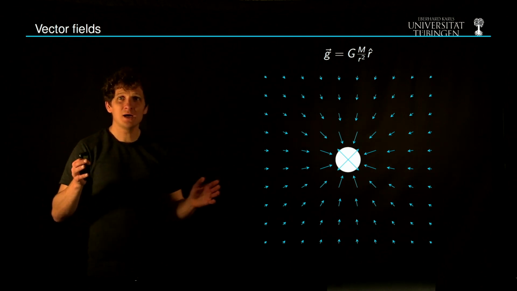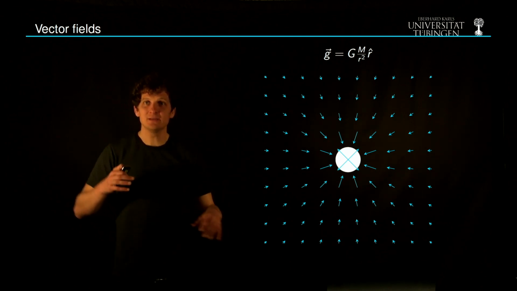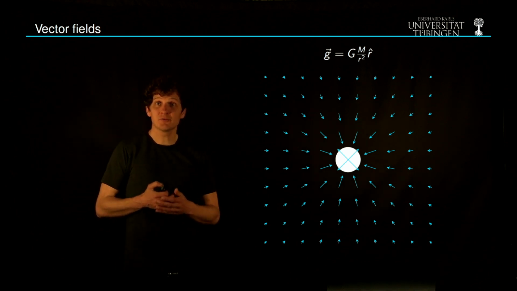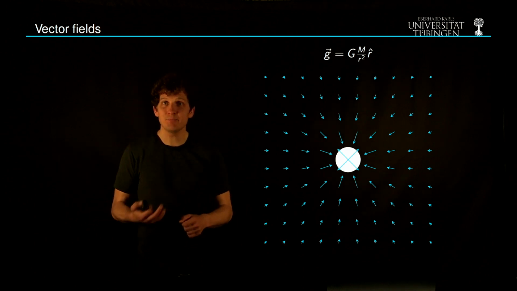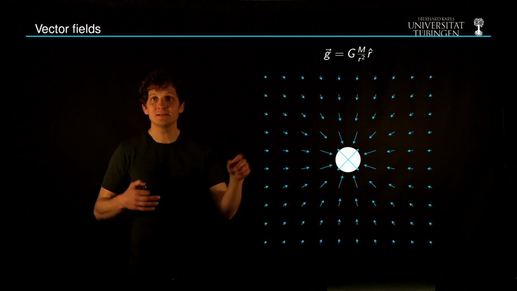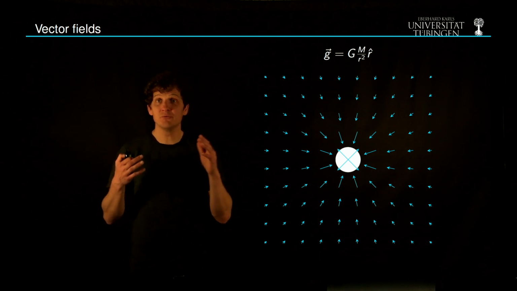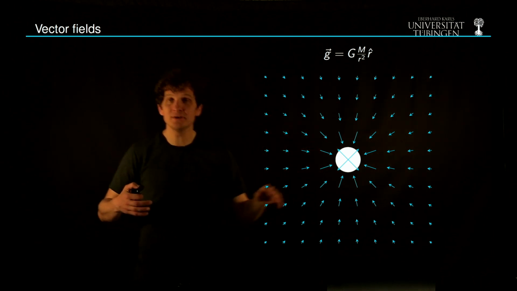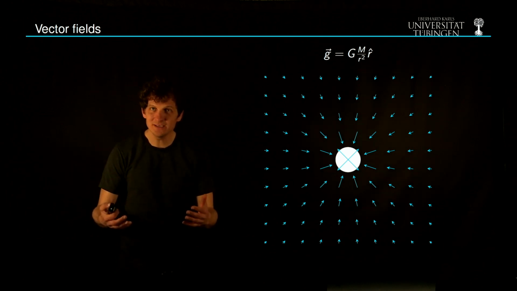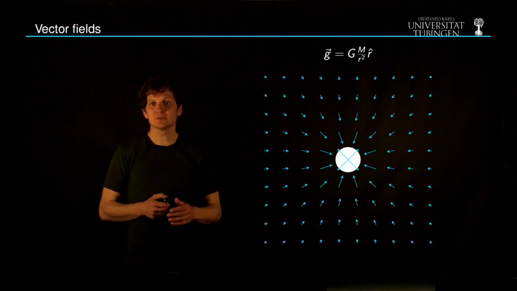So we now return to the vector field nature of the gravitational field, which is defined at every point in space, and the length and the direction of the individual arrows indicate how acceleration increases with decreasing distance to the source.